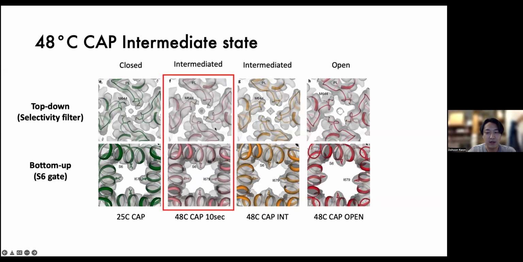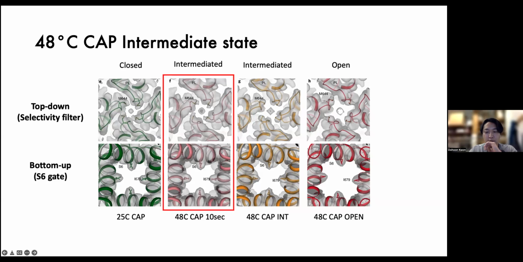However, as you can see here, this is the new model. This time, we treated with heat for only 10 seconds, a short heat incubation. As you can see in this figure, this structure is very similar to the 48 degree intermediate state in terms of pore size, right? However, we do not find any other state, the closed or open state.